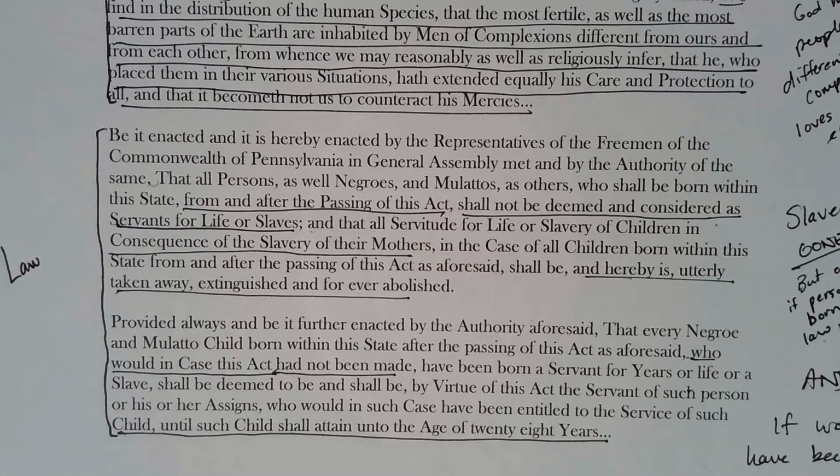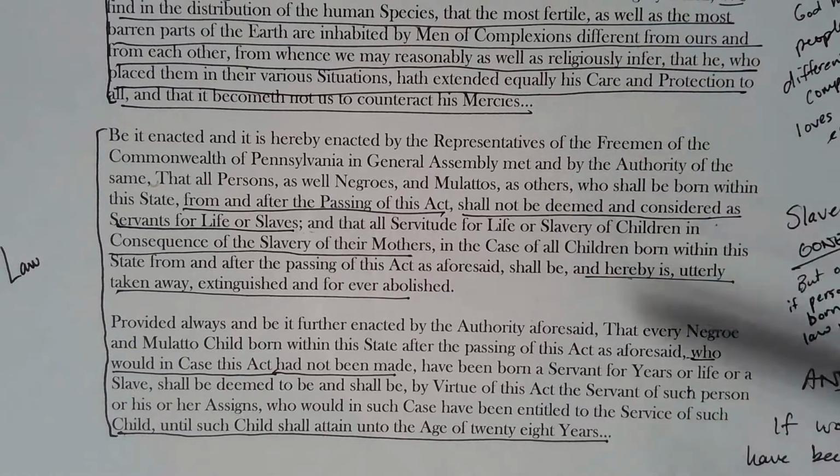So this is not, by any means, a complete abolition of slavery in Pennsylvania. It's incomplete. You might even wonder, is this actually abolition at all? Or does it just sound like abolition? Does it just feel like abolition? And I think you might be right to think that way. So one of the things that you might consider with this primary source is, why would they do this?